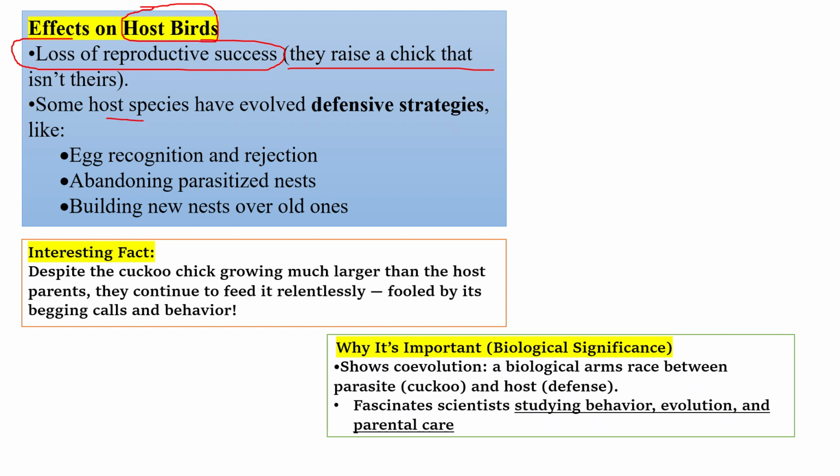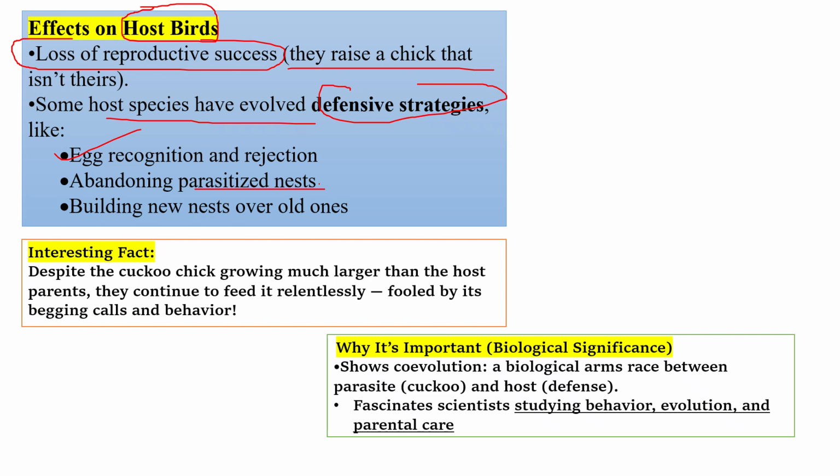Some of the host species evolve defensive strategy. There are some host species which have developed a defensive strategy against this behavior, against the cuckoo. What is egg recognition and rejection? They recognize their own egg and they reject the other one which is not theirs, abandoning the parasitized nest.